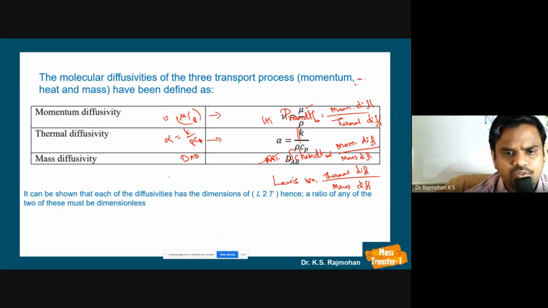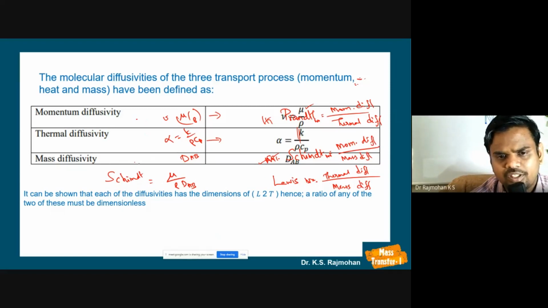The significance is that it is the ratio of momentum diffusivity to mass diffusivity. It is equivalent to Prandtl number, which is the ratio of momentum diffusivity to thermal diffusivity, and Lewis number is the ratio of thermal diffusivity to mass diffusivity.